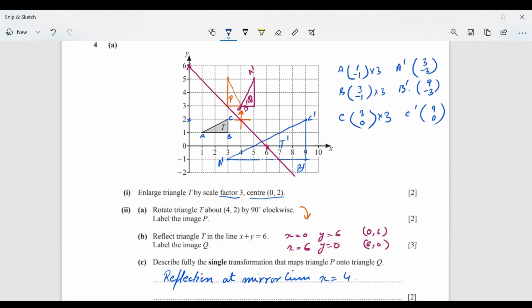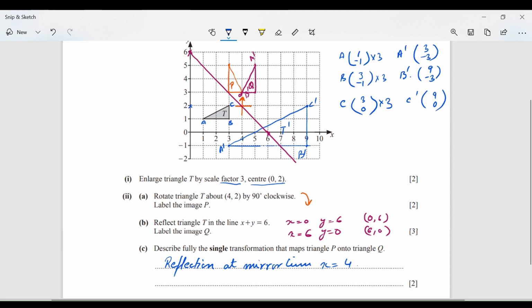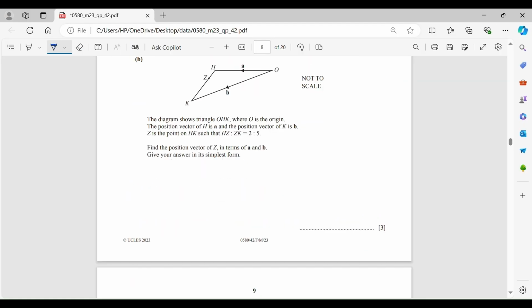Next, part B of the fourth question. The diagram shows the triangle OHK where O is the origin. The position vector of H is a and the position vector of K is b. Z is a point on HK such that HZ to ZK is 2:5.